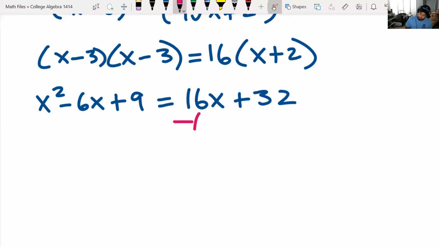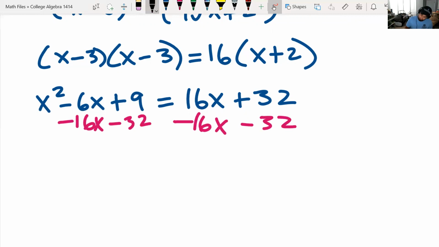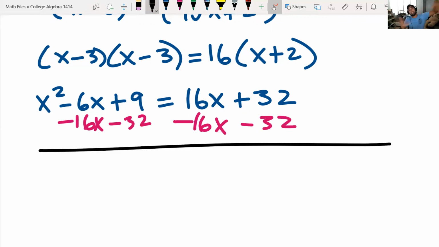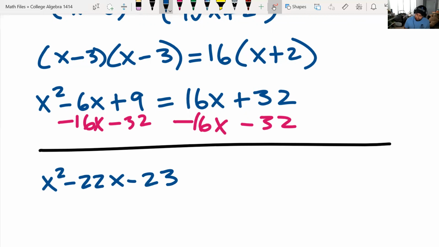Say minus 16x minus 32. Move everything over to the left. Whew, almost there. x squared minus 22x minus 23 equal to 0.